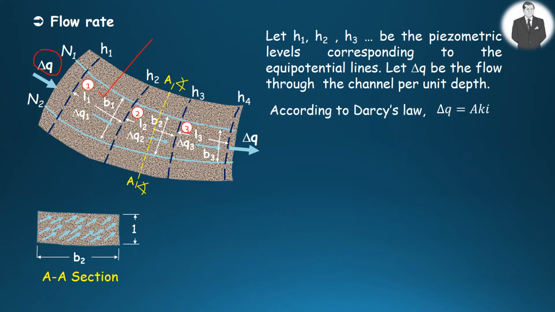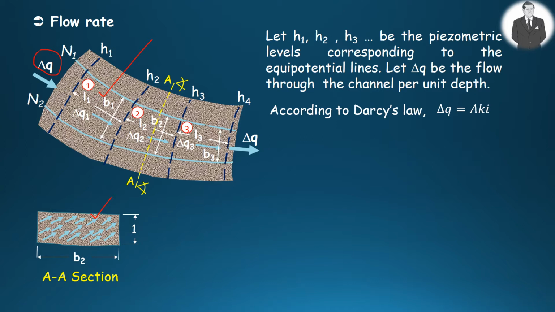According to Darcy's law, delta Q is equal to A times K times I. A is the cross-sectional area of the flow channel with unit depth as illustrated in the figure. K is the hydraulic conductivity of soil, and I is the hydraulic gradient.